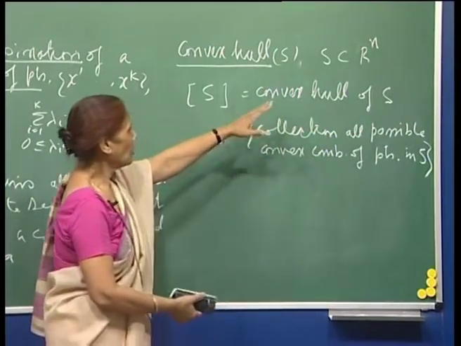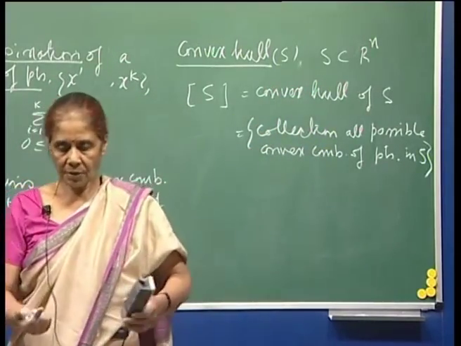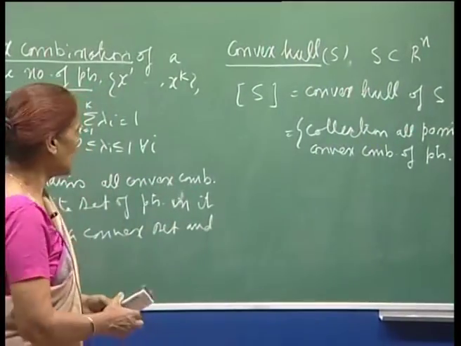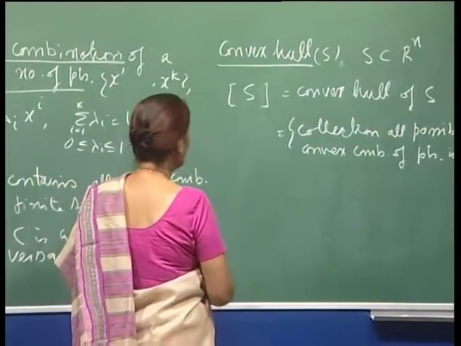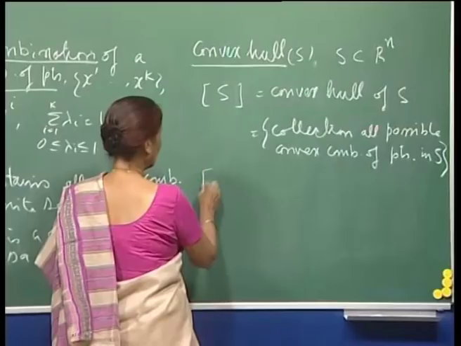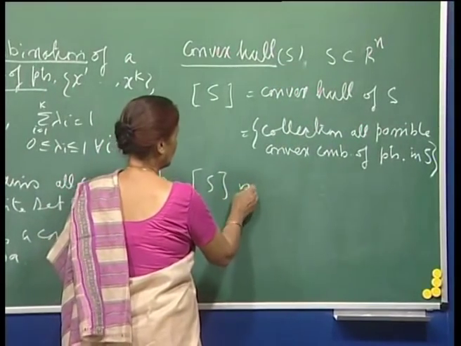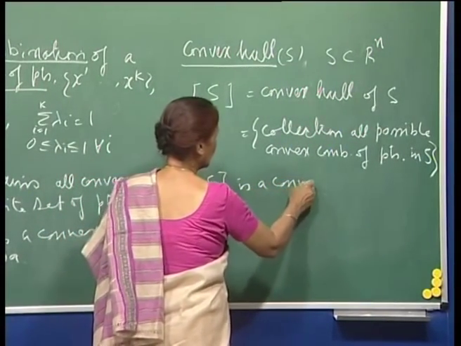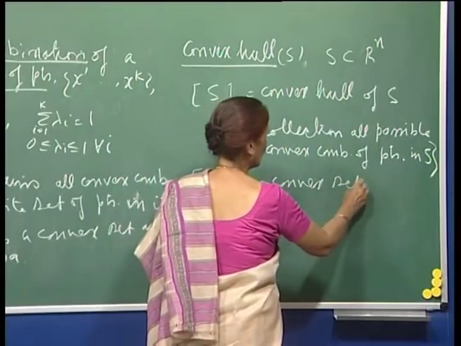So if you take all possible convex combinations of points in S, that becomes the convex hull, and this is a convex set by definition.